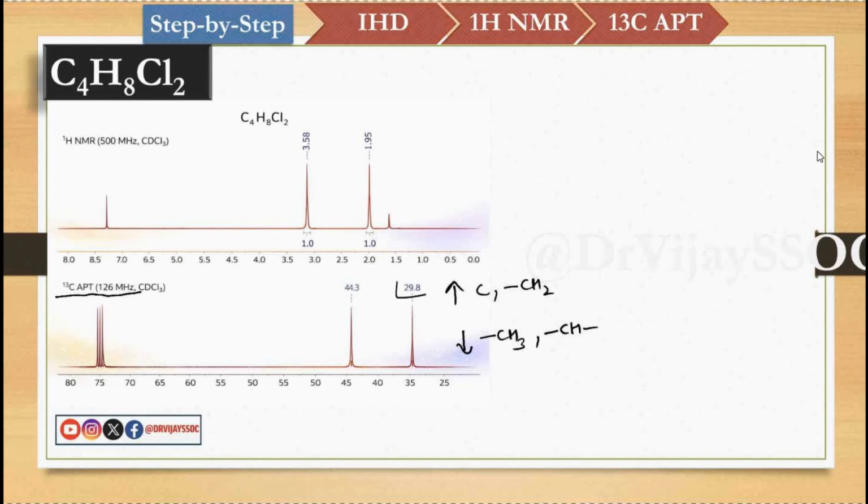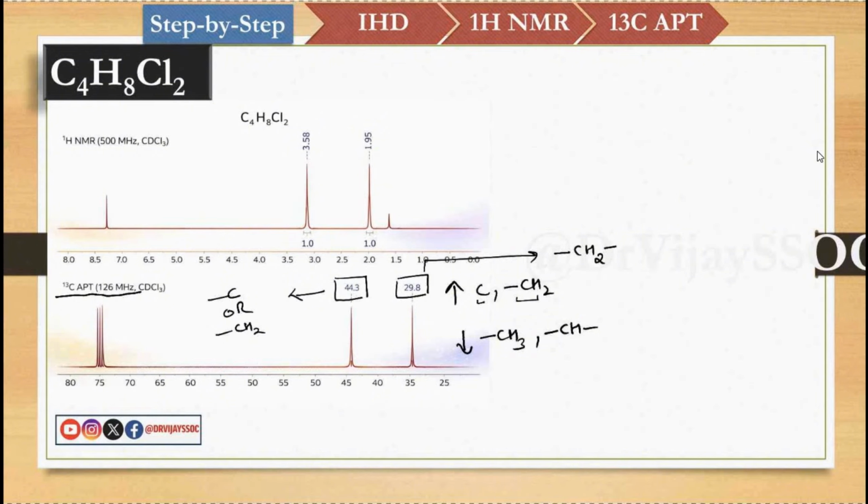Therefore we can say that these signals belong to either carbon or CH2. This compound has a CH2 group, and this one could be carbon or CH2. So if you think that this is only carbon, then probably it is attached to chloro.